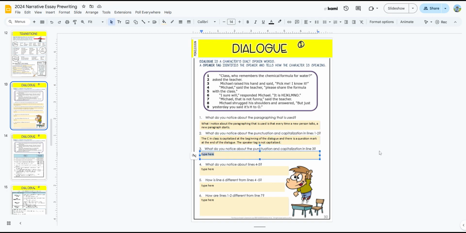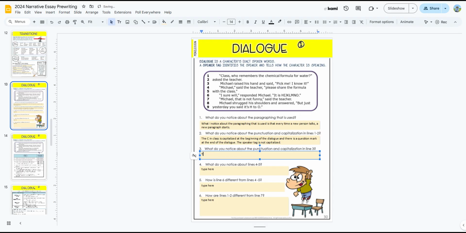Feel free to pause the video so you can get that typed in. Number 3, what do you notice about the punctuation and capitalization in line 3? Okay, for this one, if I'm looking at it, I have a capital letter right here. It's a person's name, so we know it's a proper noun, which means it would have to be capitalized. And then after our speaker tag, we have a comma, and then we have a capital letter at the beginning of our dialogue.